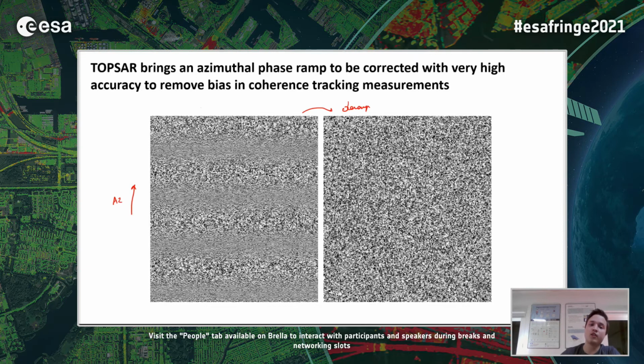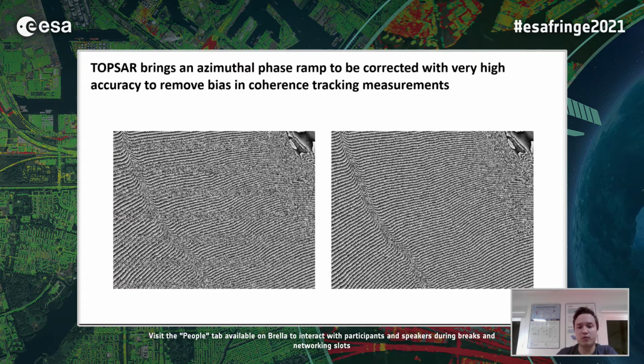Otherwise, when you are subtracting the phase information between the master image and the shifted slave image, you have a residual in the phase information from the slave image. And so you have this kind of residual that you can see a couple of times in the left image. So that's why you have to deramp the image before doing the coherence tracking technique.